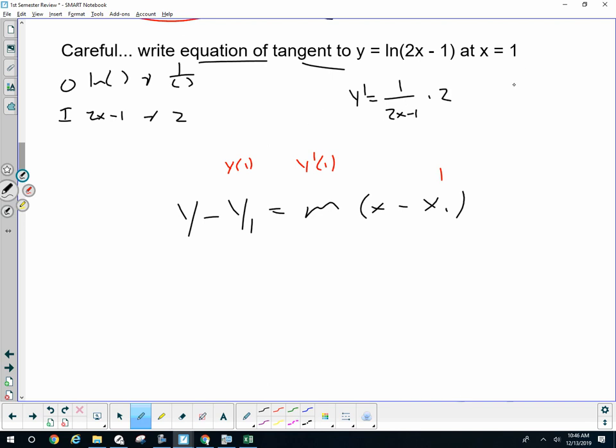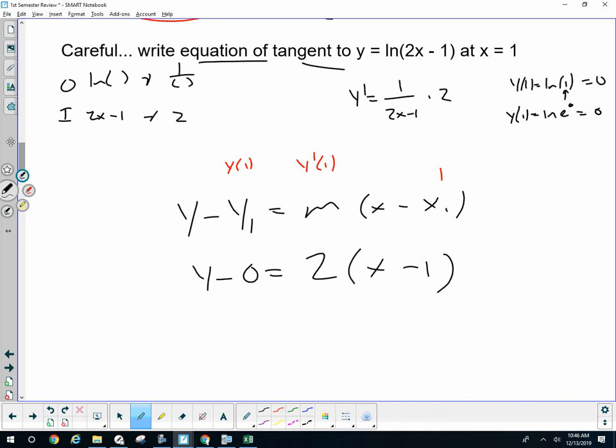Y of 1, log of 1. We need to know that the log of 1 is 0. It's something that is required of you to know. The way we remember that is it's the log of e to the 0. E to the 0 is the same as 1. The log of e to a power is the power. So I have y minus 0 equals y prime of 1 would be 2 times x minus 1. All right.